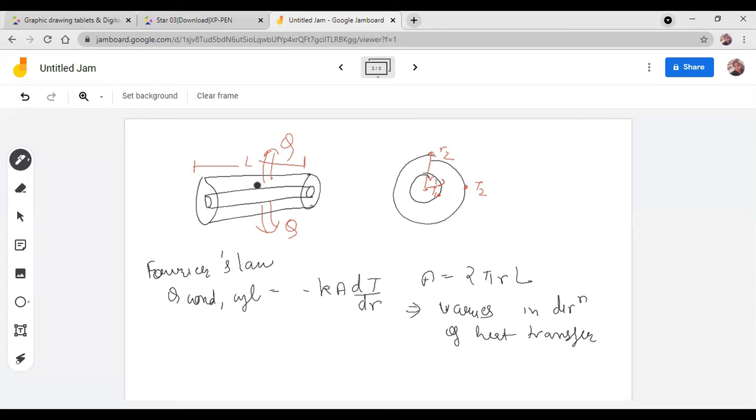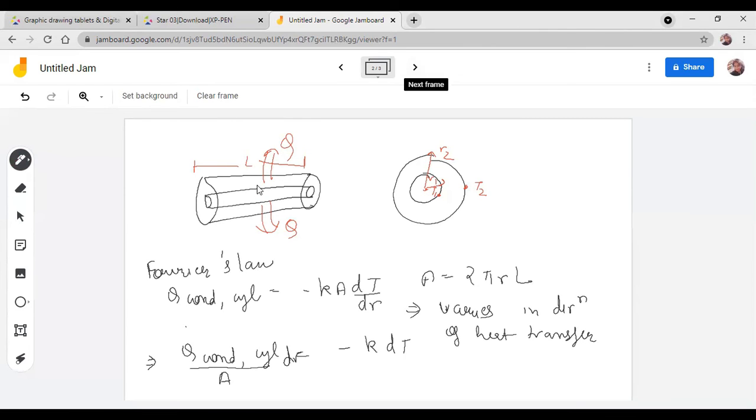Therefore, we'll need to integrate to look at the complete picture. So we'll separate these variables and it will come out to be Q conduction upon A dr equal to minus K dT.